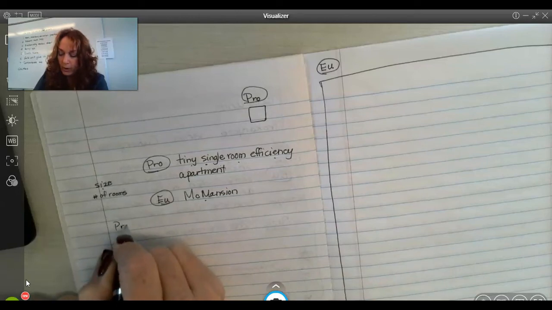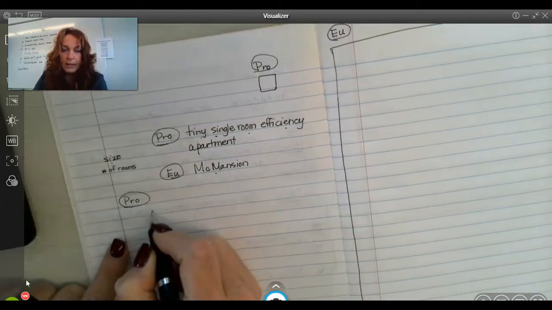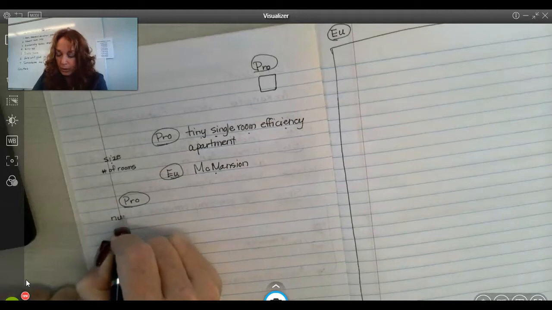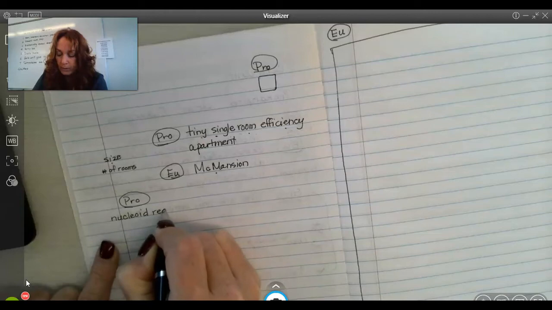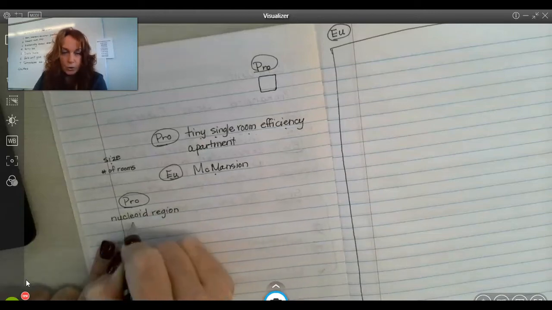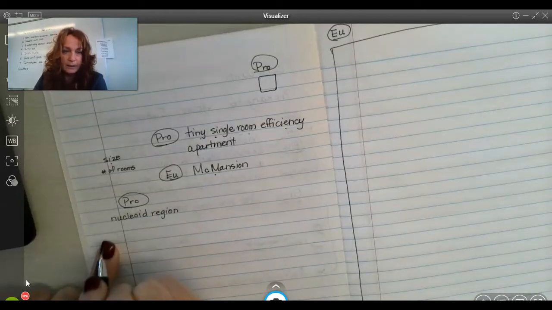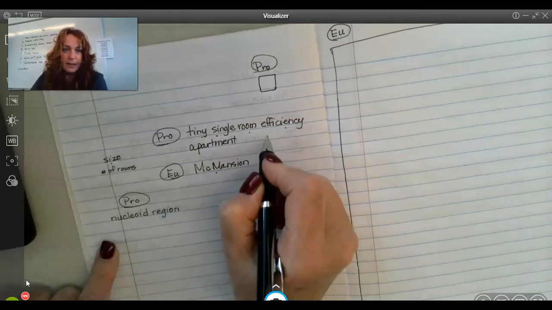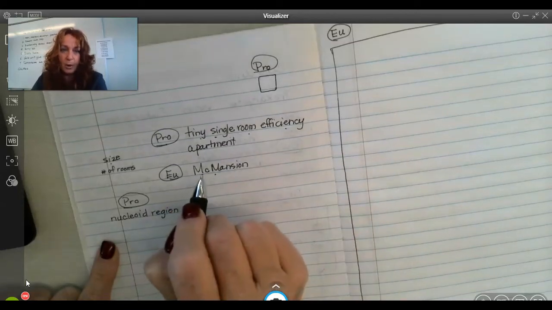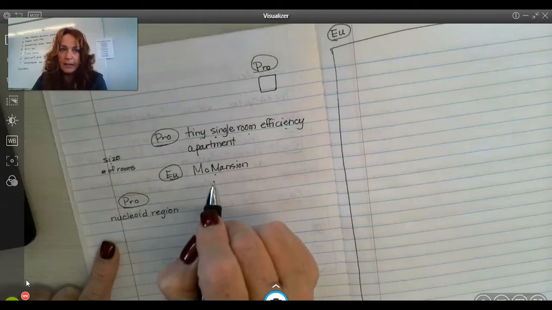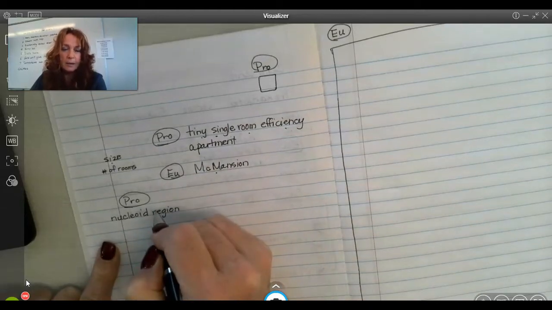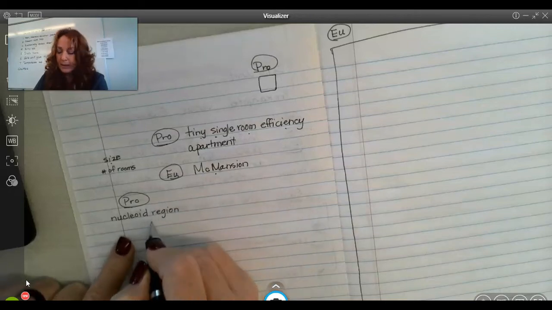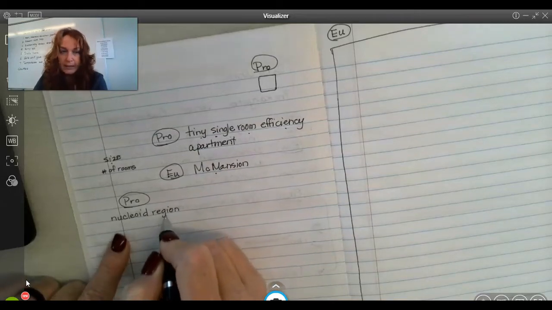For the prokaryotic cell, we need to put what's called a nucleoid region. Definitely do not call that a nucleus. It's not. It's just like in the single room efficiency apartment. If you've got a chair and a little table, that does not make you have a living room. It's not going to be compartmentalized. But it's going to be the area where the DNA is.